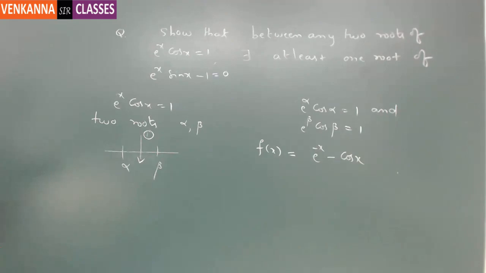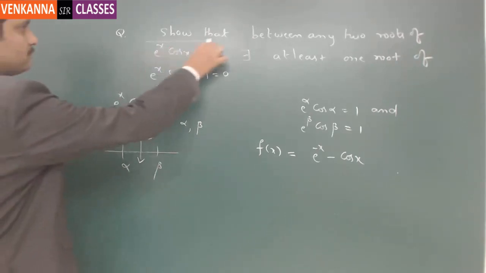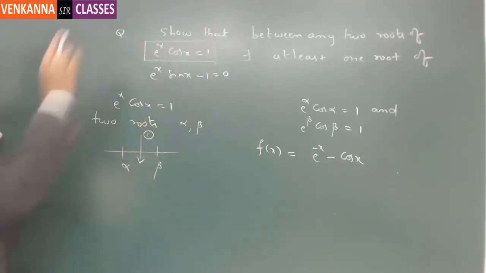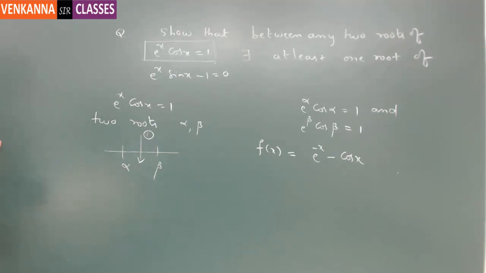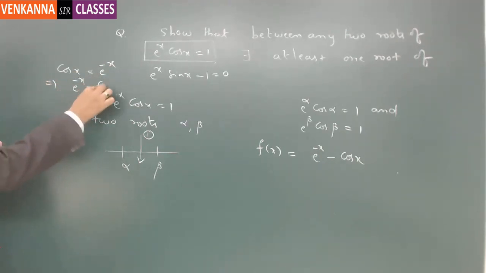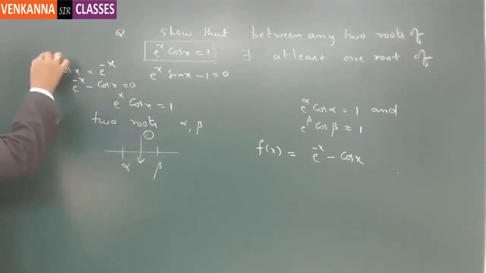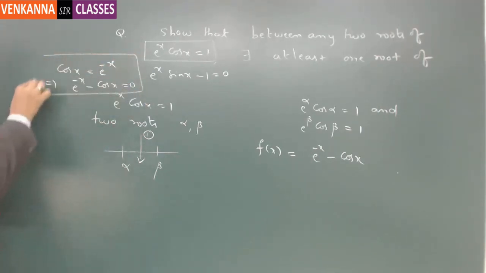Any doubts with regard to the definition of the function, how we define it? Because if you consider the given equation and multiply both sides with e power minus x, cos x equal to e power minus x, it is nothing but e power minus x minus cos x equal to 0. Agreed?